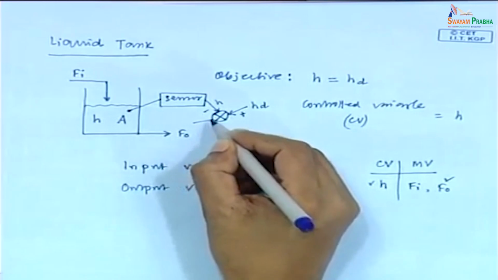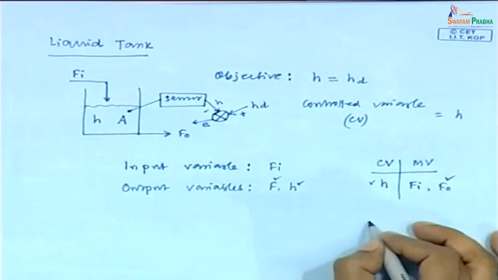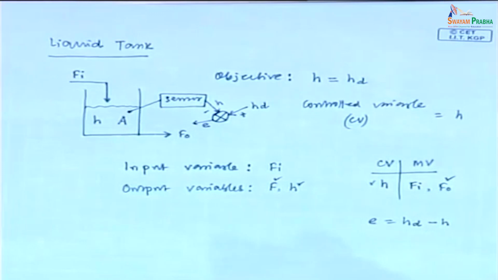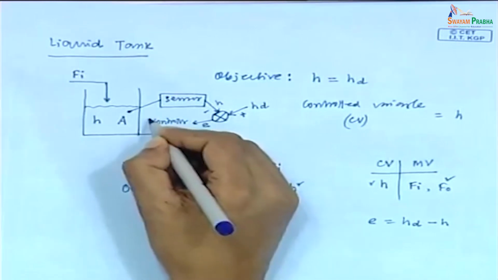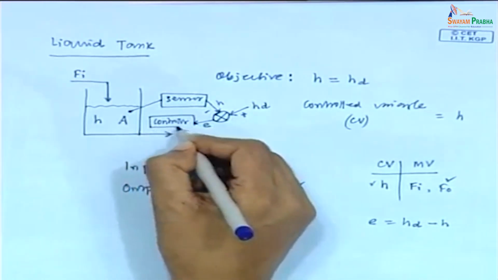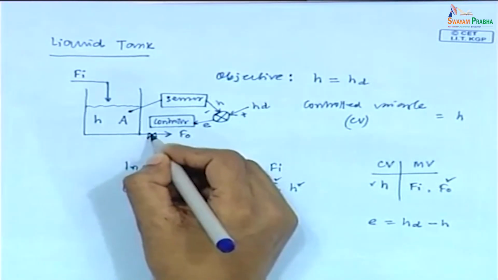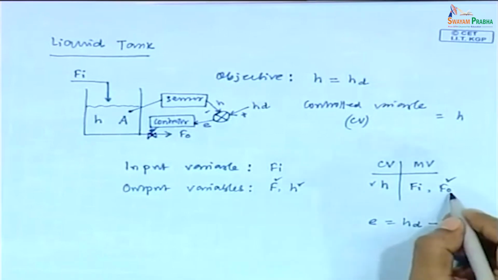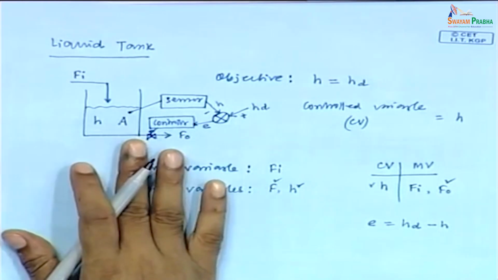The output of this comparator is error, which is basically desired height minus height. Then this error signal goes to the controller, and this control action is implemented here. This is a control valve. So, F naught is the manipulated variable in this control configuration.